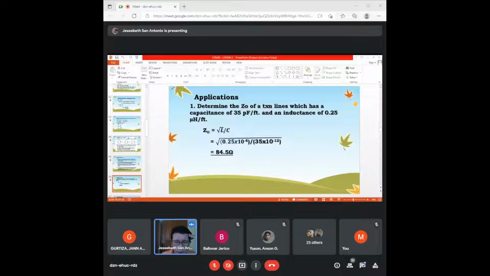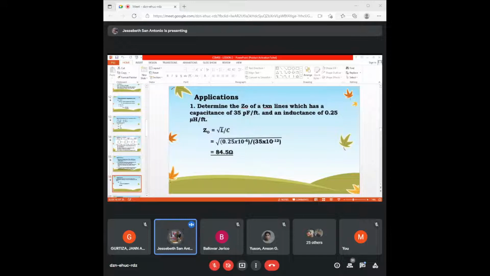Where did you get that 7 point something? You will simply substitute what are given: the L, which is 0.25 microhenry per feet, and the C, which is 35 picofarad per feet.